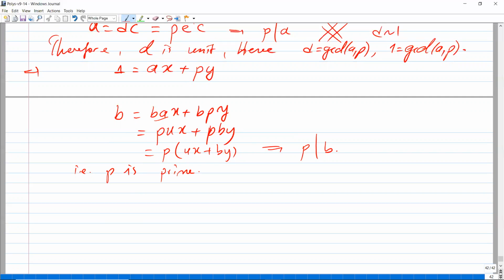Okay, in a PID, so where did we use that? Here's the question: where did we use that R is a PID, principal ideal domain?